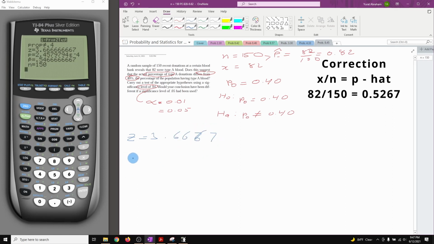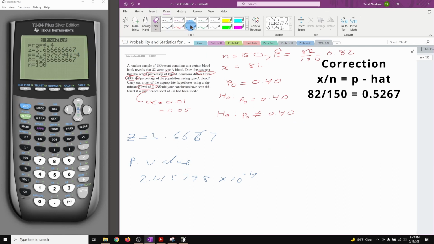It's giving our p-value, which I'm going to make this little table here: p-value and significance level. Our p-value is 2.45798 times 10 to the negative 4. Notice the negative 4, the e.